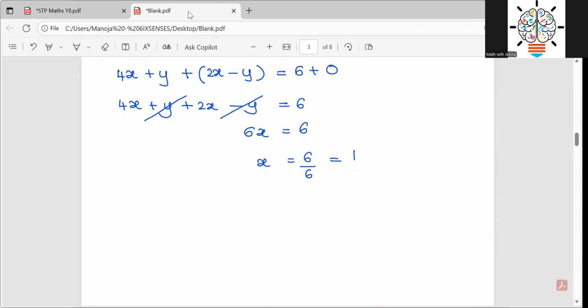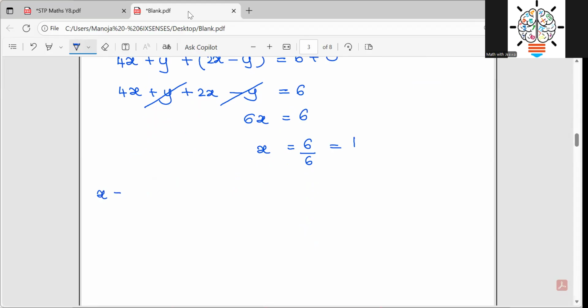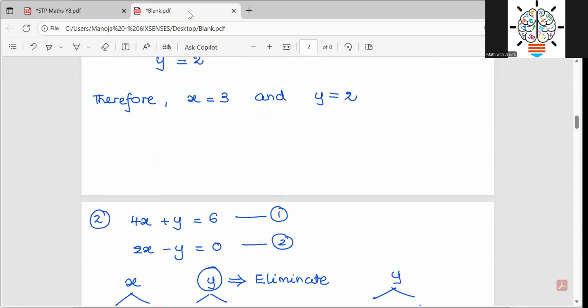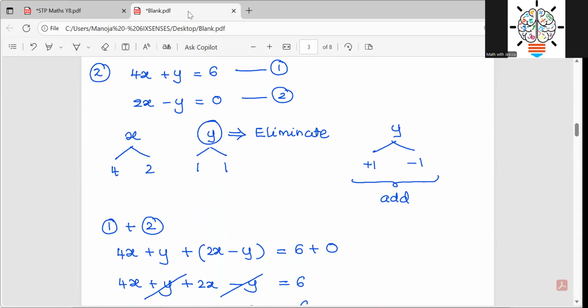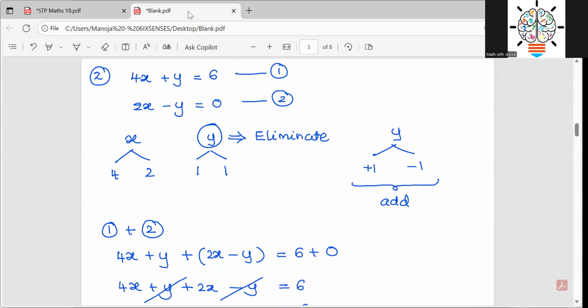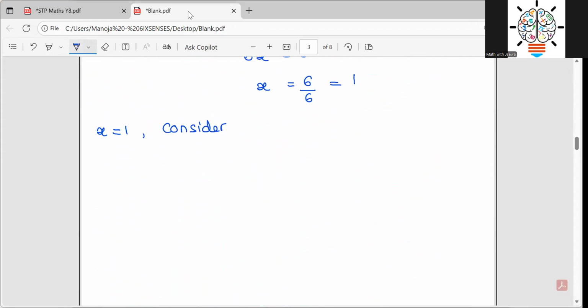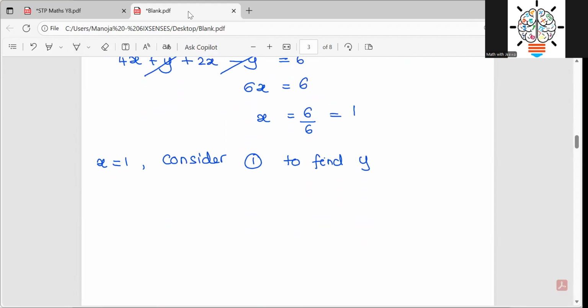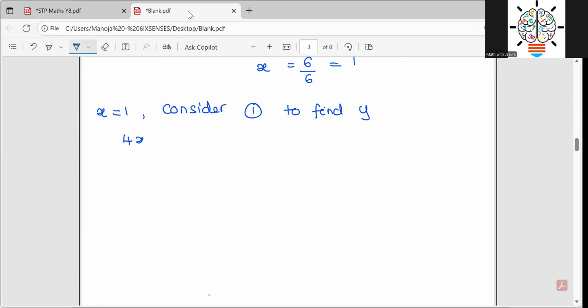Right? If x is equal to 1, then what we need to do? We consider equation 1, 4x plus y equal to 6, to find y. So then we write the first equation, 4x plus y equal to 6.